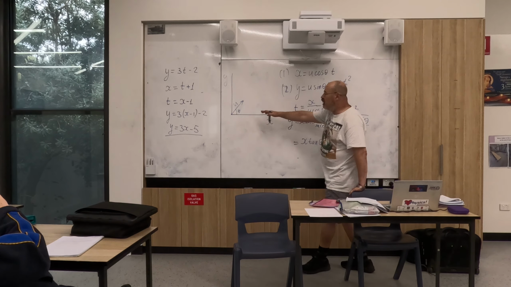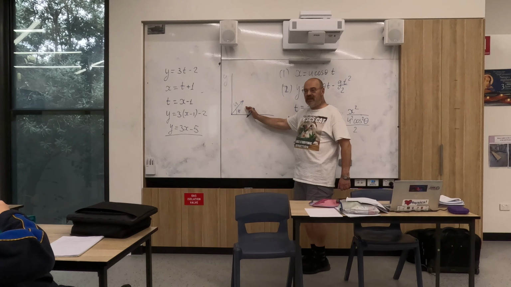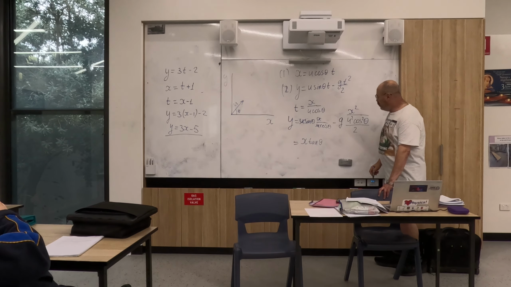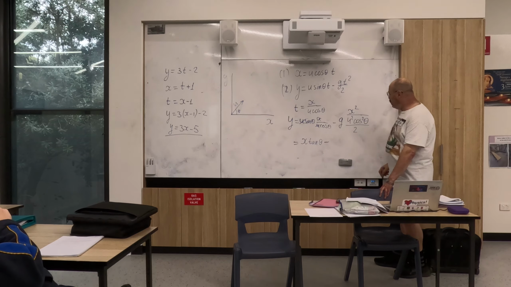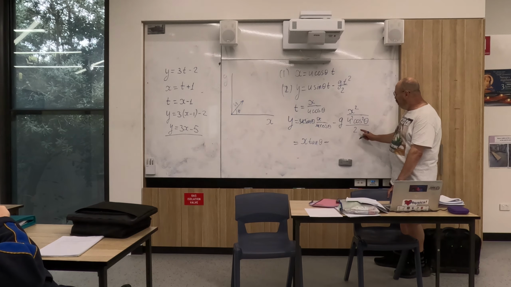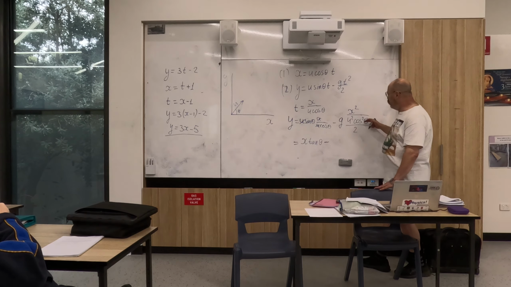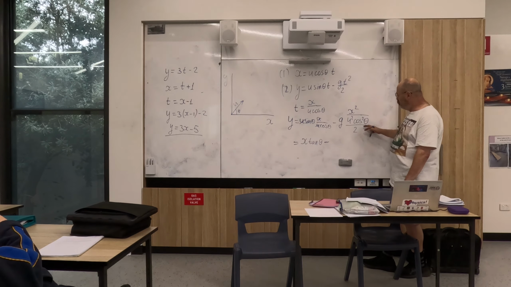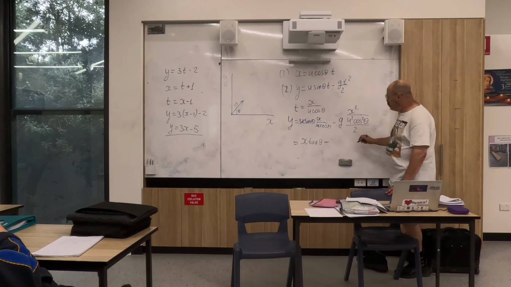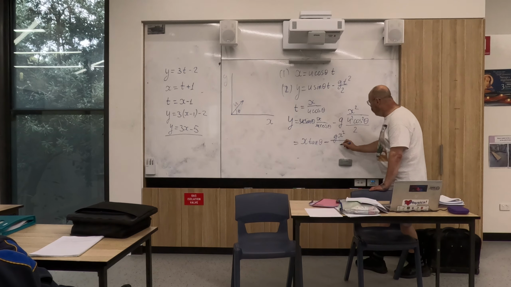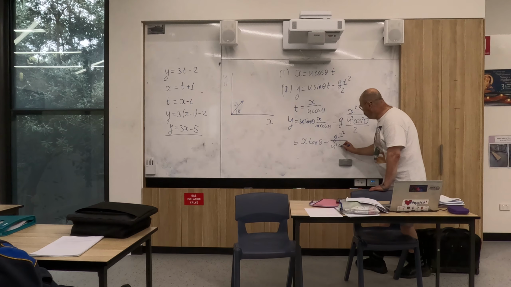Theta is fixed, it's a number, it's not changing, it's a certain angle at which we throw. X tan theta minus g x squared over u squared cos squared theta.